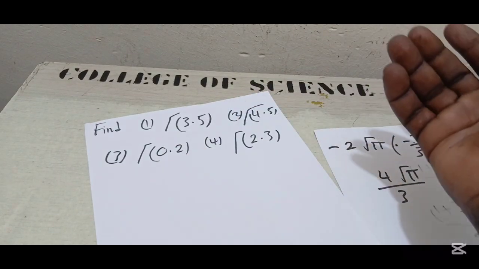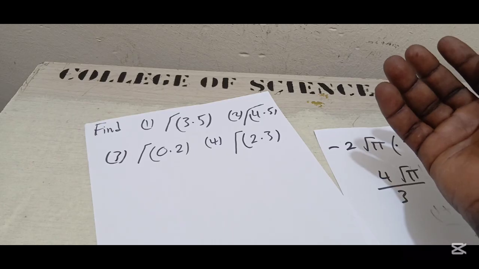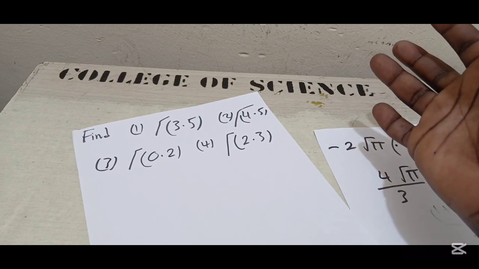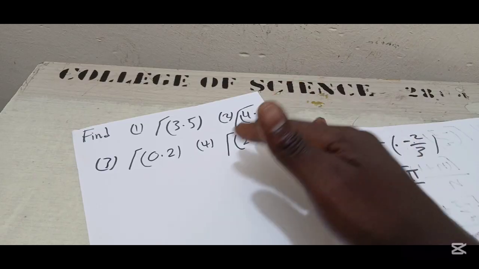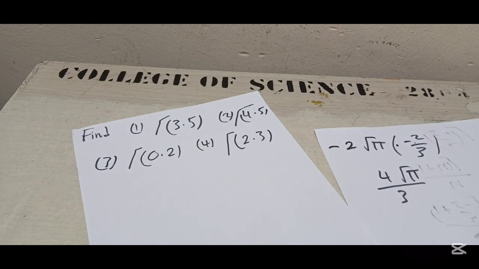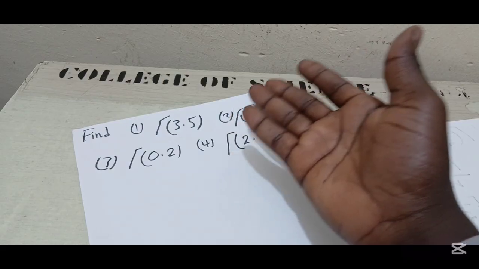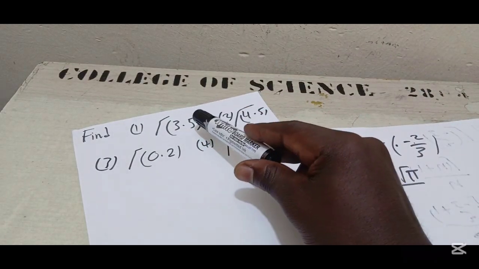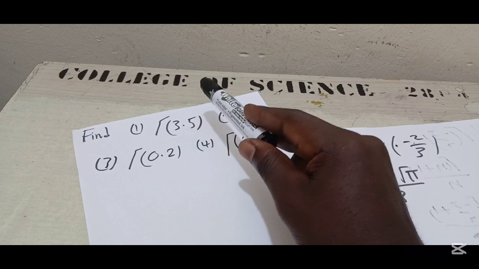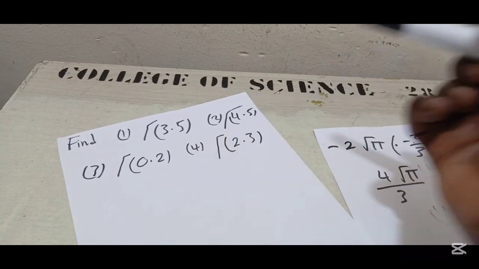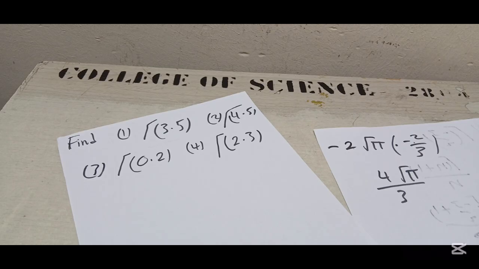Sometimes it can be tedious, so normally you'll be given problems which you can solve easily. So let's try this 3.5. Any decimal problem that involves 0.5, remember, when it is 0.5, you can use a certain formula to break it down.